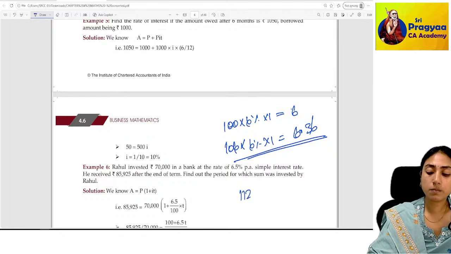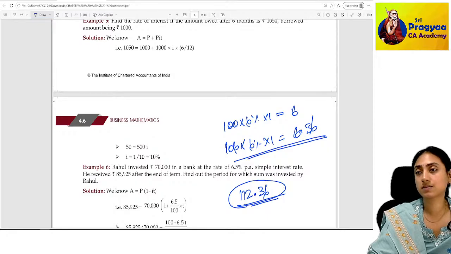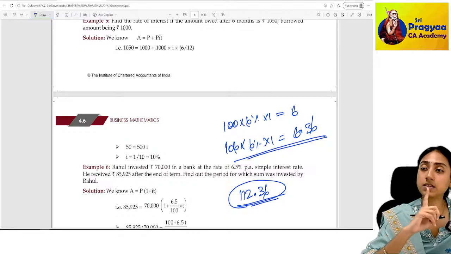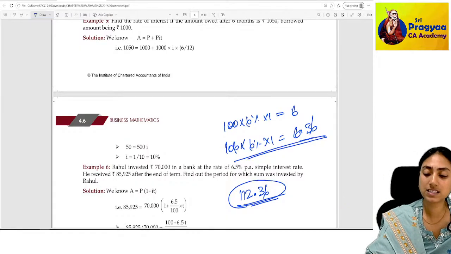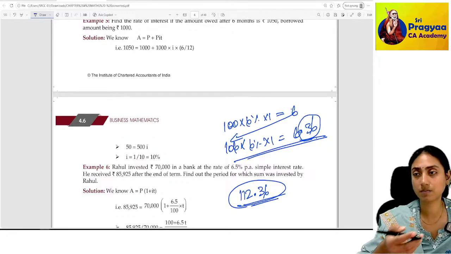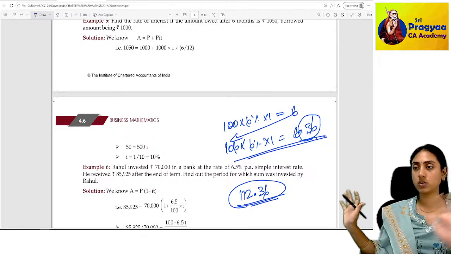So in a compound interest scenario, my value of investment will be 112.36, whereas in simple interest I had only 112. This 0.36 is extra which I am getting because I am compounding the interest with the principal in the second year. That is the difference.